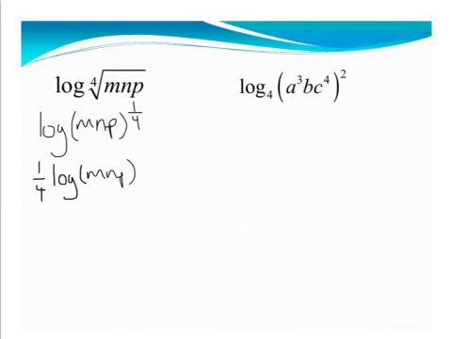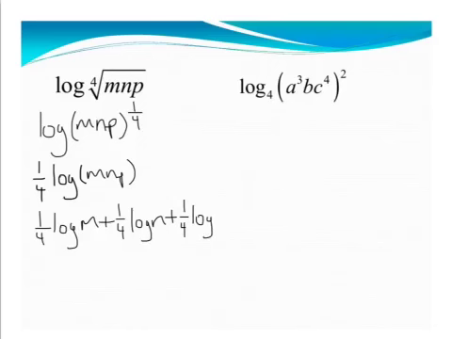And now I can split it up. We have 1/4 log m plus 1/4 log n plus 1/4 log of p. And there's my final answer.